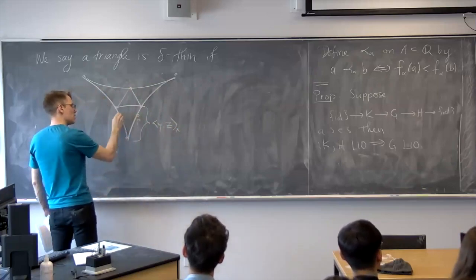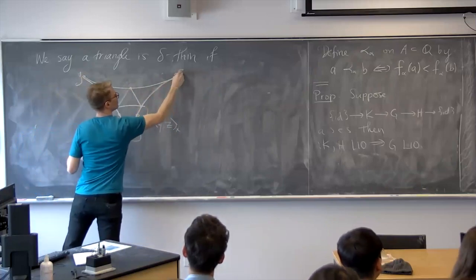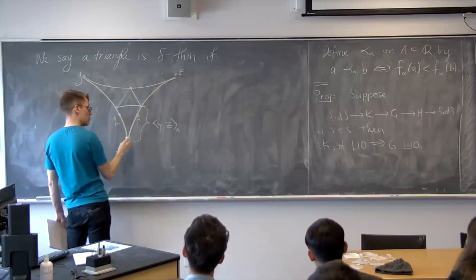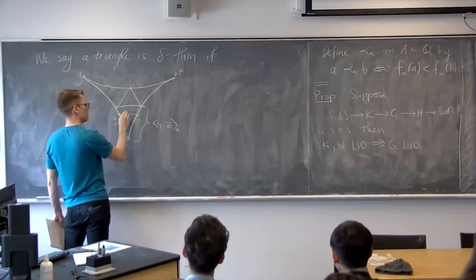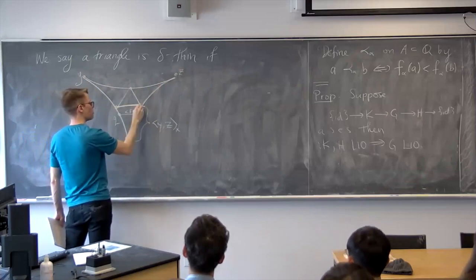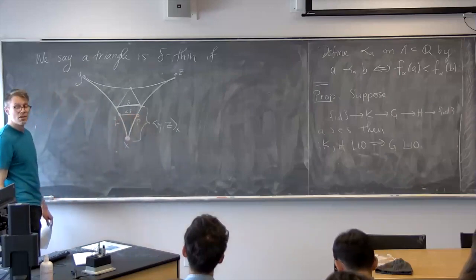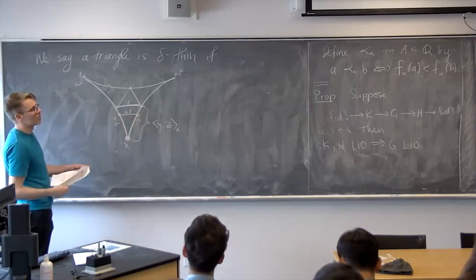As long as P and Q are closer to this vertex than that number, their distance should be less than delta. So this is what it means for triangles to be delta thin.